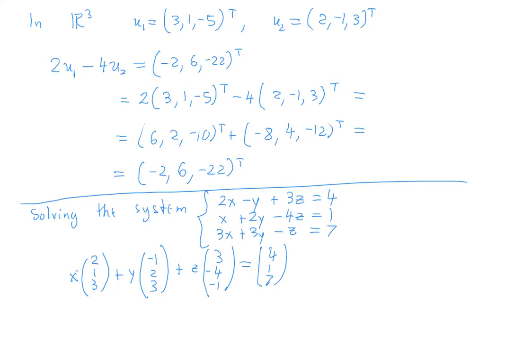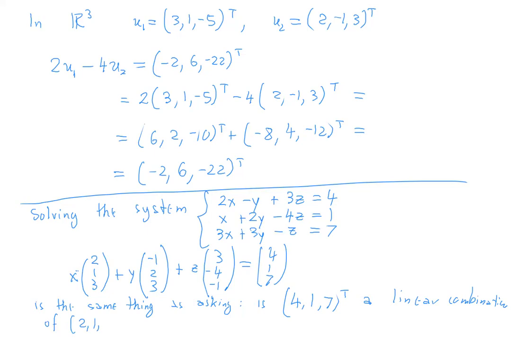So solving this system is the same thing as asking: is the vector (4, 1, 7) a linear combination of (2, 1, 3), (-1, 2, 3), and (3, -4, -1)? And with what coefficients?